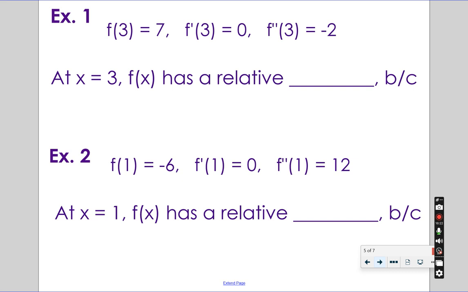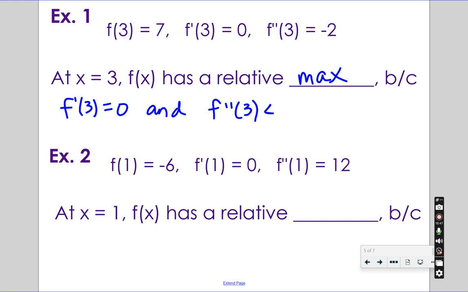It's concave down, so that means I have a relative max. Because, here's my justification, f prime of 3 equals 0, and f double prime of 3 is less than 0.